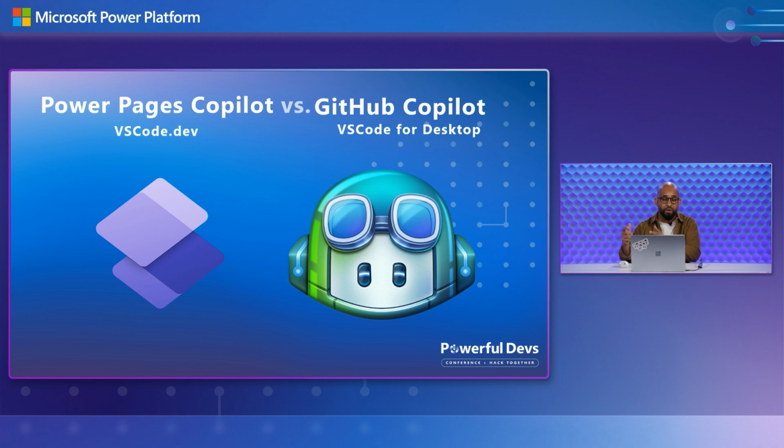That is your Power Pages Copilot. It gives you a lot of power. It helps you do a lot of things, but compared to GitHub Copilot, it's a whole different story. GitHub Copilot is a lot broader than Power Pages Copilot, but you could include Power Pages Copilot into your GitHub Copilot experience, and we are going to look into that shortly here.